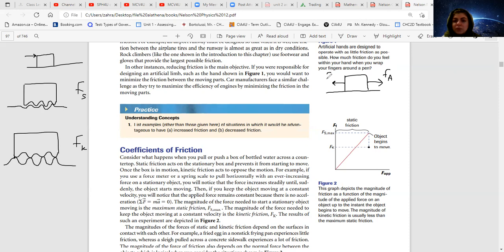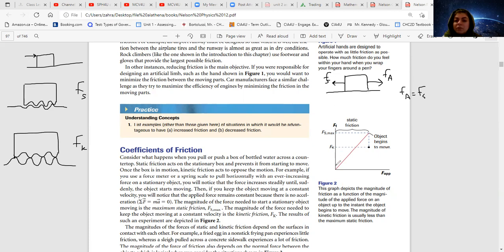It experiences static friction. Not moving means the velocity and acceleration are zero. F applied needs to cancel static friction. So you increase your force, of course, because they are the same when it's not moving.